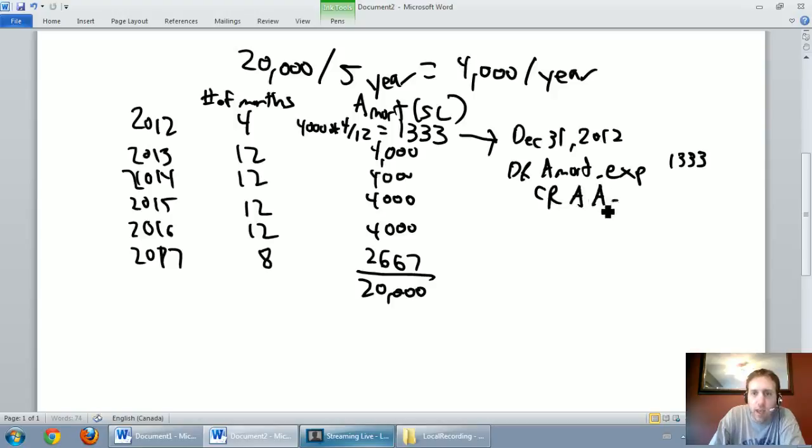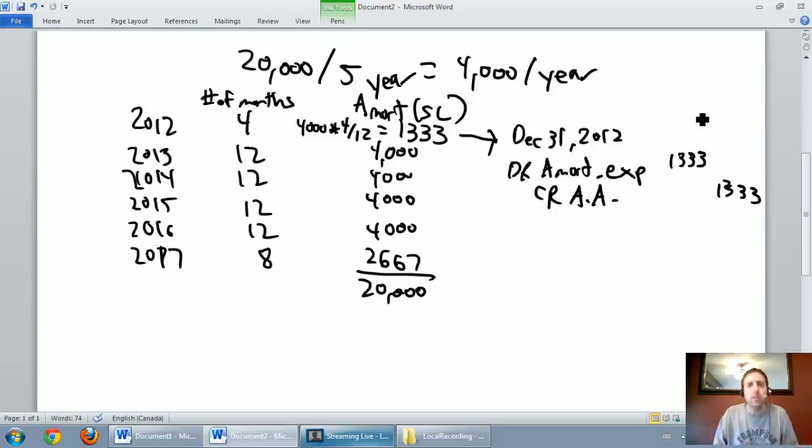I'm just going to put AA, but I want you to hear what I'm saying, accumulated amortization or accumulated depreciation, and I credit that for $1333. I just want you to not lose sight that that's what the journal entry is for amortization. In 2013, I would debit amortization expense, credit accumulated amortization for $4,000, and again, that would happen at my fiscal year end.